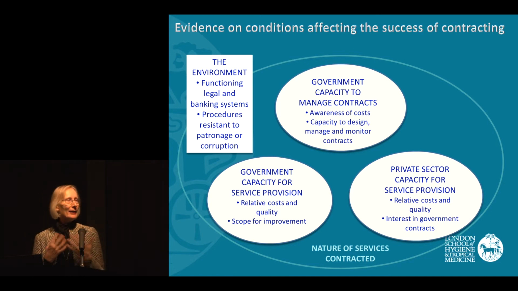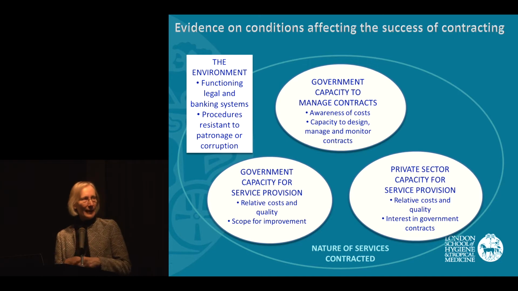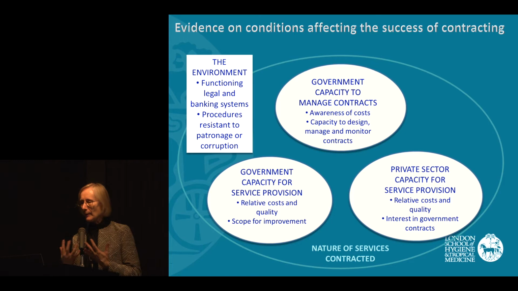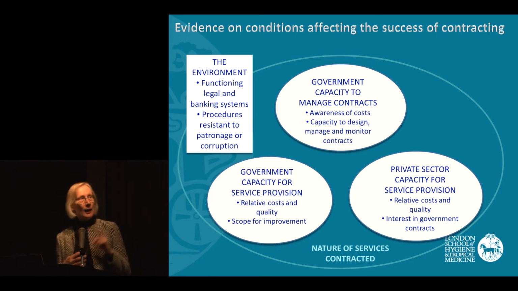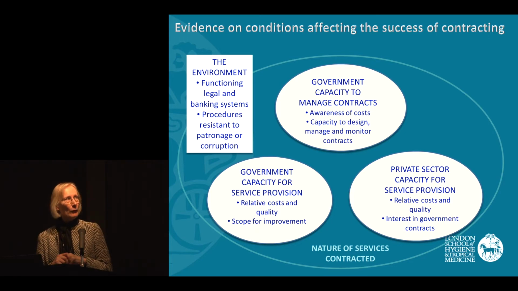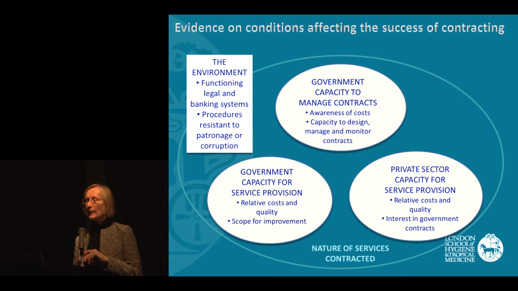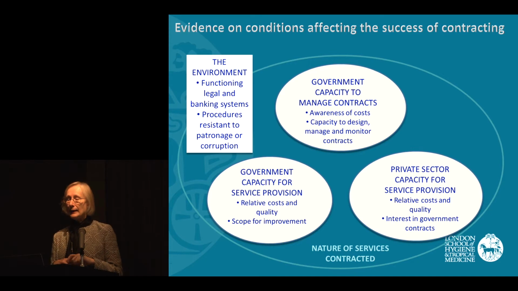A sort of think piece for any government thinking whether to contract, whether it might be a good idea or not. At the top in the middle, I've already referred to the issue of the government capacity to manage contracts. Governments need to be aware of their own costs, of the costs of the alternative providers. They need to have the capacity to design, manage, and monitor contracts.